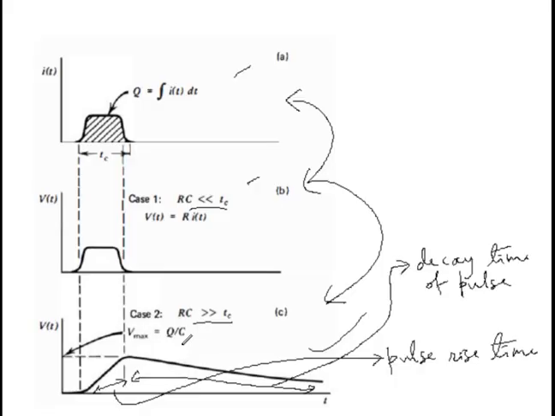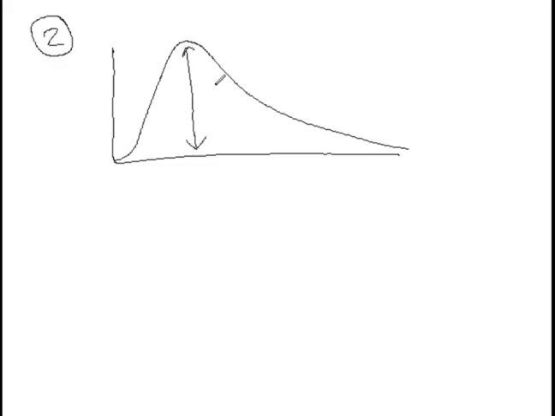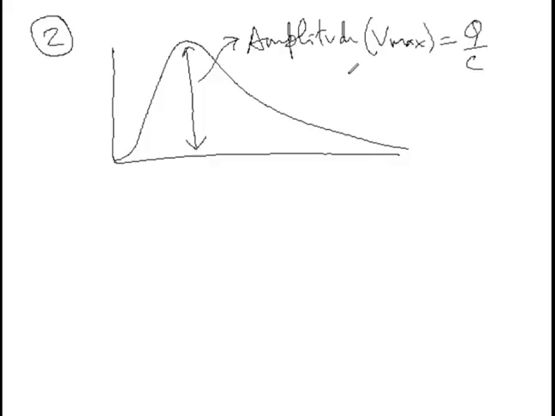It is determined solely by the ratio of the total charge Q created within the detector during one radiation interaction divided by the capacitance of the equivalent load circuit.